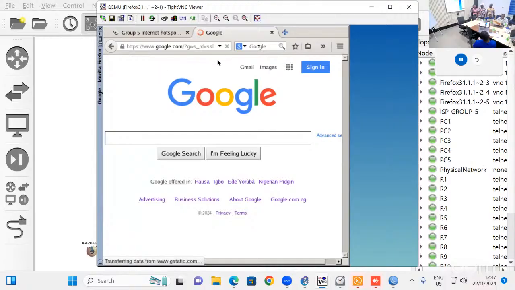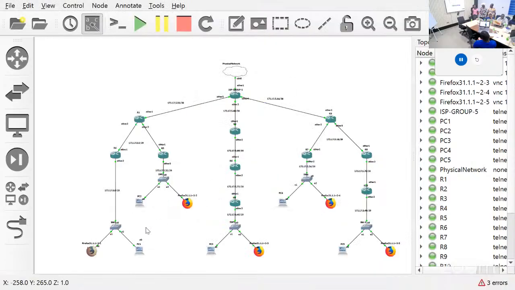So let's do the other ones, local pinging. Which network does not have hotspot? Okay, router 8 does not have hotspots, and router 3 does not have hotspots. This network here does not have hotspot. Yes.